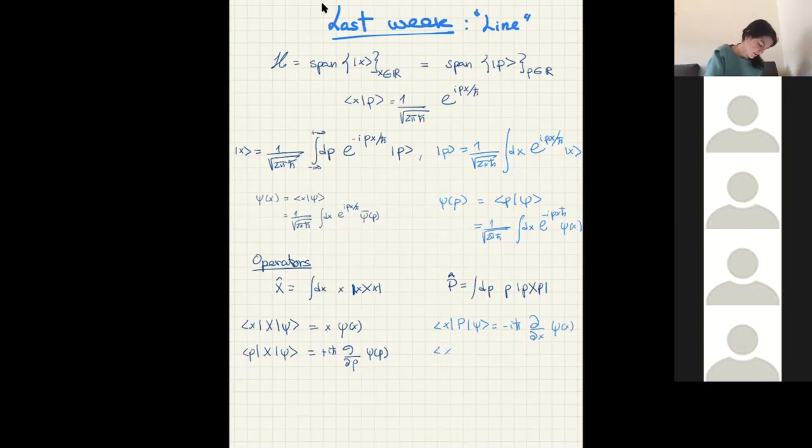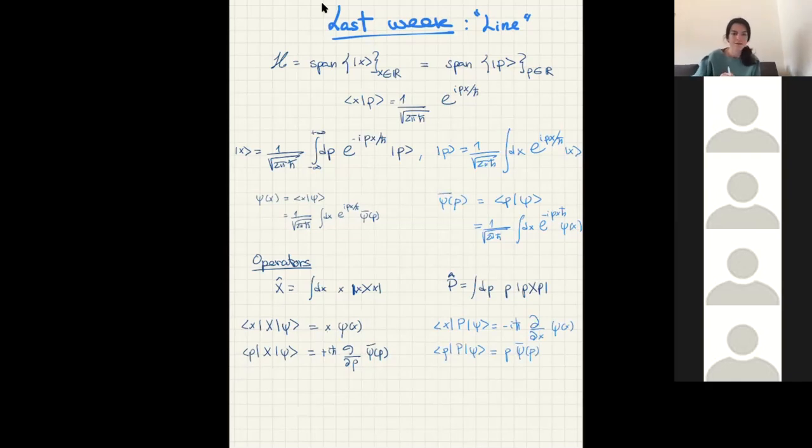And of course, it acts on the positional wave function just in the usual way. Up, hook, p, and should be a bar here just to remind us that it's not mathematically the same function.